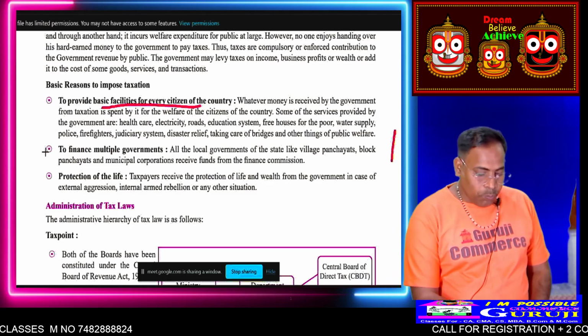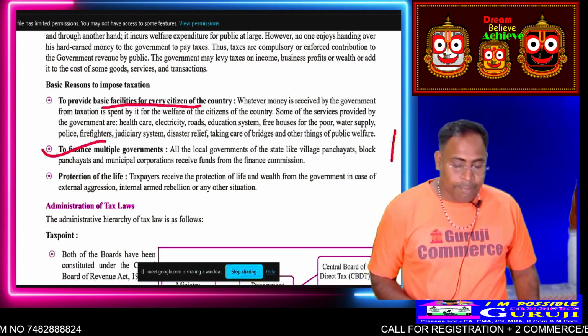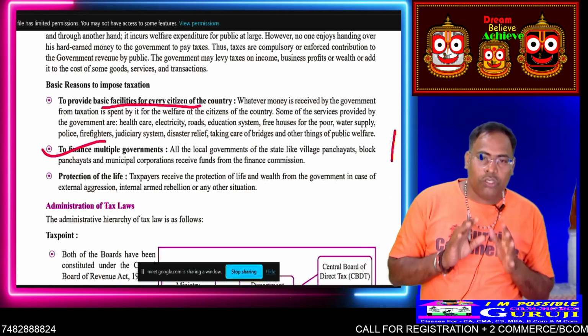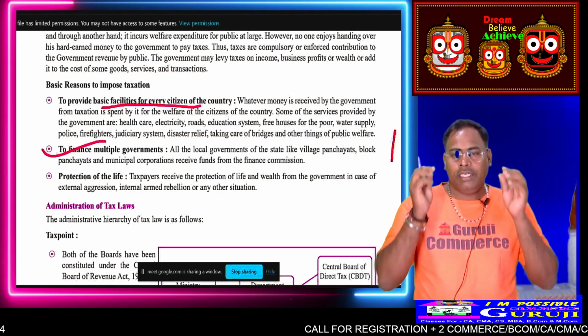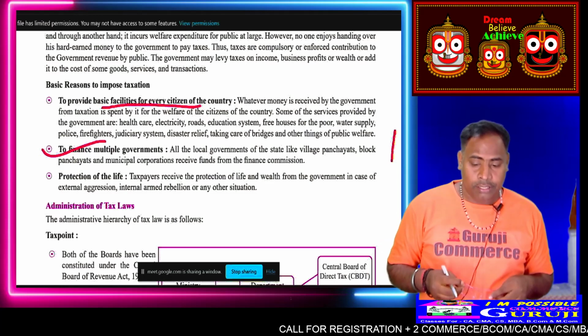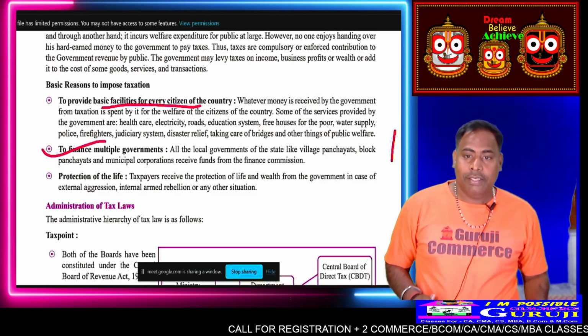Second, to finance multiple governments, meaning all local governments. See, the money the central government earns is given to the state government. Am I right? Yes. So the tax collected goes to the state government as well as the central government.